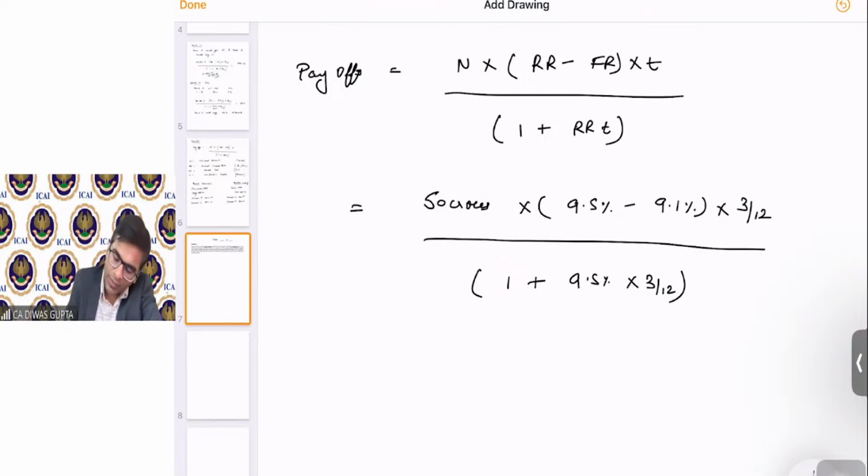So this becomes 0.05 crores divided by 1 plus 9.5 into 3 divided by 12, which is 1.02375.